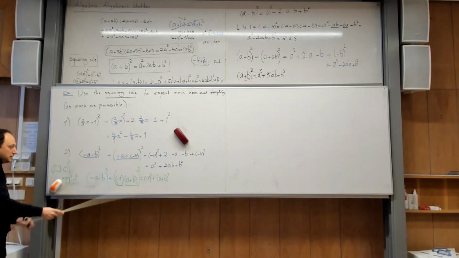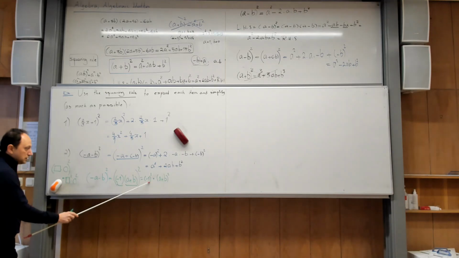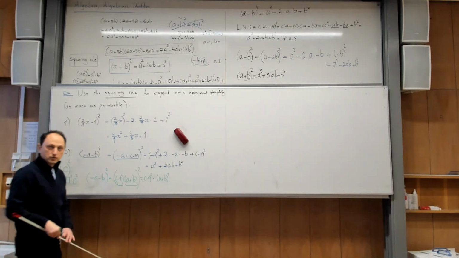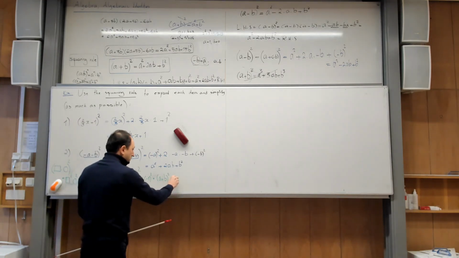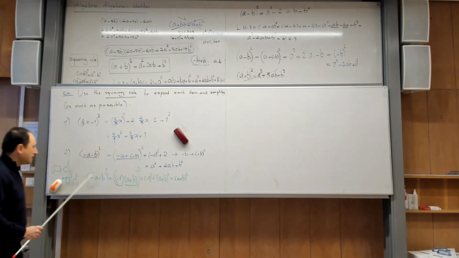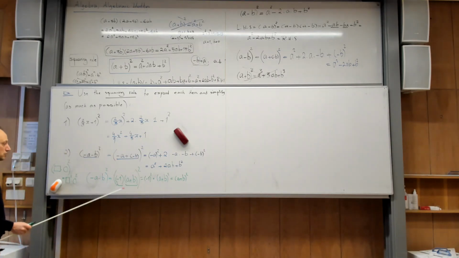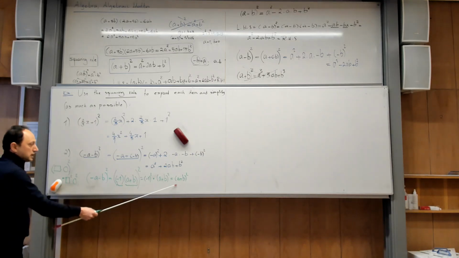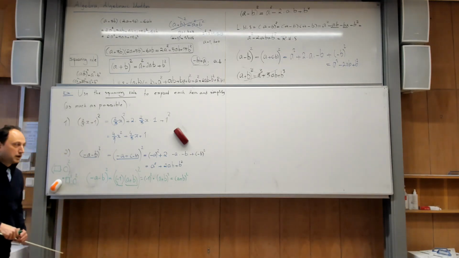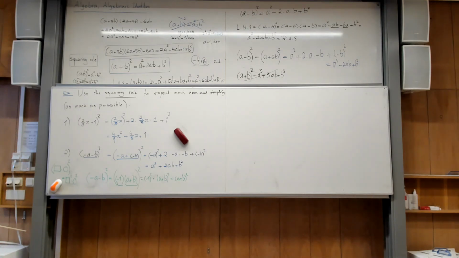So from here to here, I am using this rule. But minus 1 to the power 2 is 1, so this becomes a plus b squared. So I realize, without doing this expansion at all, that whatever this is equal to is that one. And we already know the answer to this. So that is also one way to think about the problem. Any questions here?